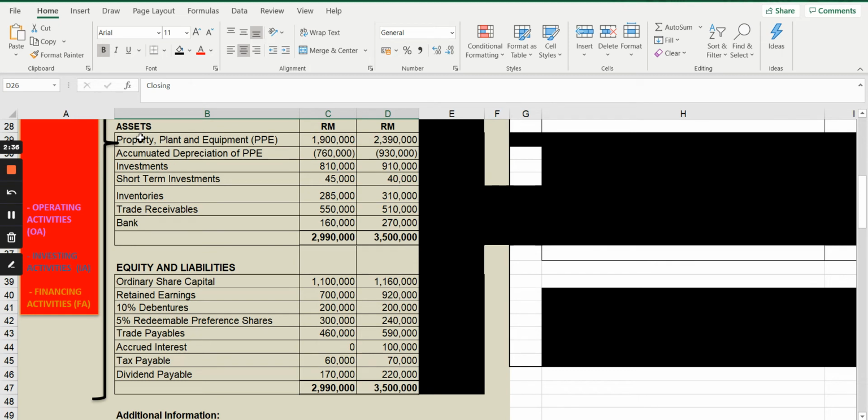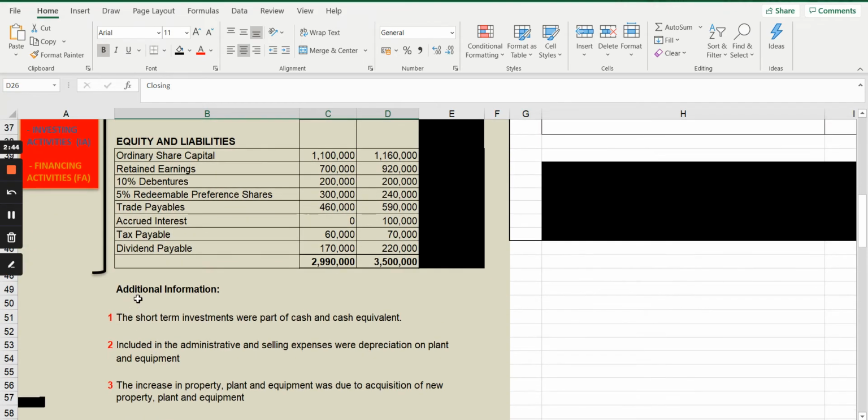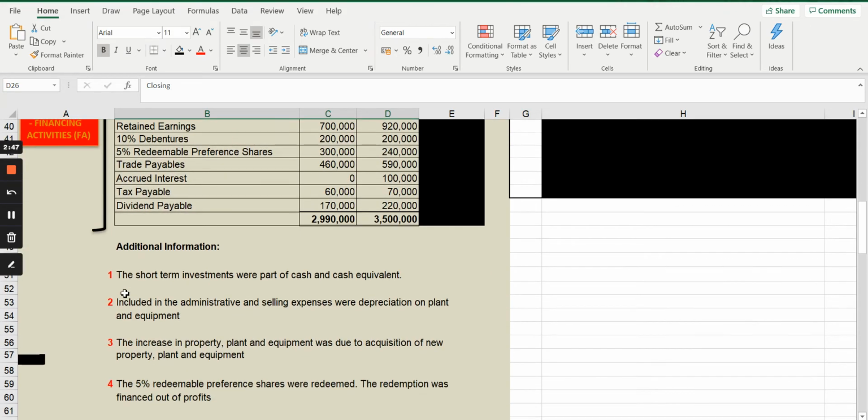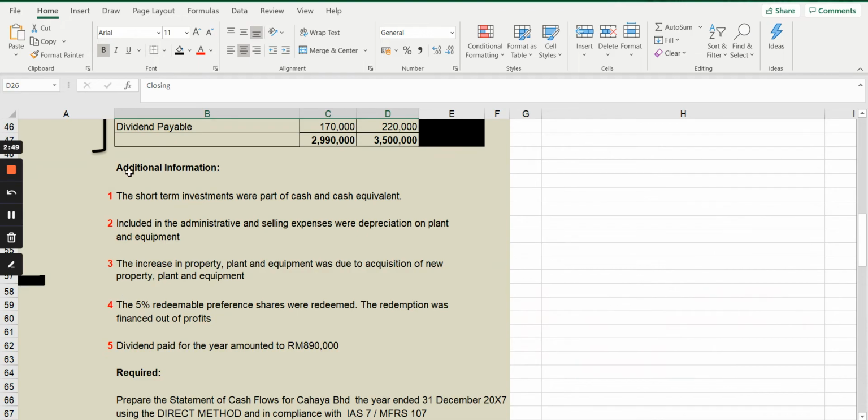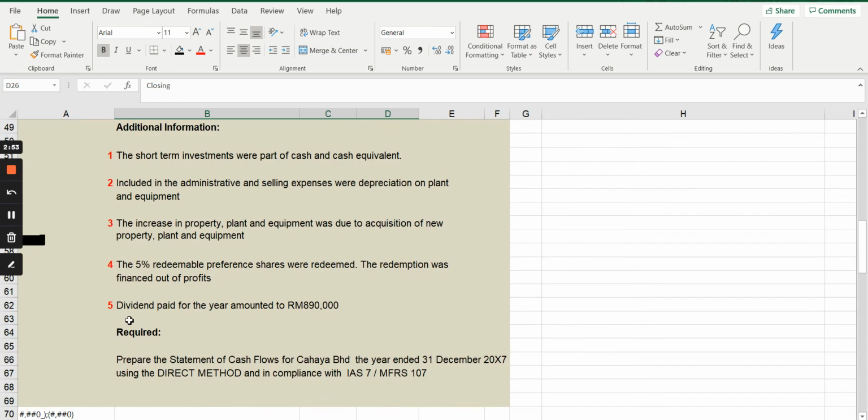You do not have the classification of non-current and current assets, but that's fine. At the bottom, you have the additional information. It's typical to have additional information. Sometimes you are given notes to the financial statements, sometimes other data as well. But for this question, it's a simple one. You're just given additional information, just 5 items.